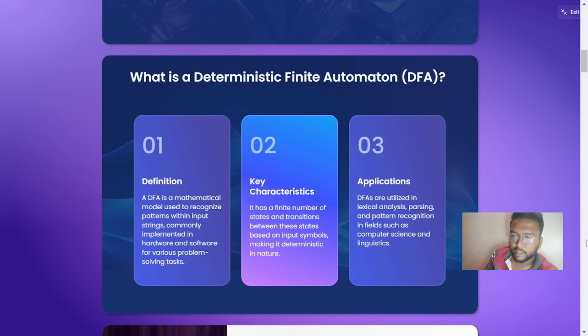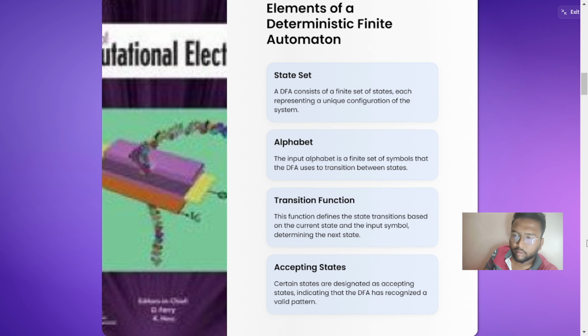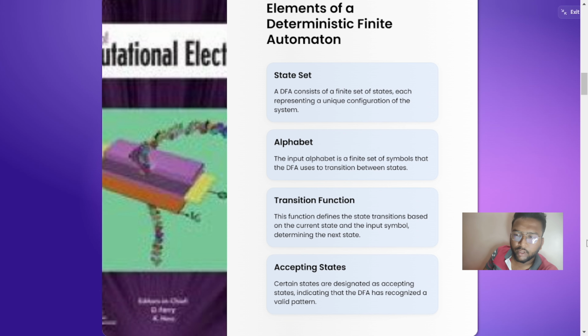So, elements of DFA or deterministic finite automaton. State set: a DFA consists of a finite set of states, each representing a unique configuration of the system. So the state set is nothing but a finite set of states representing the unique configuration.